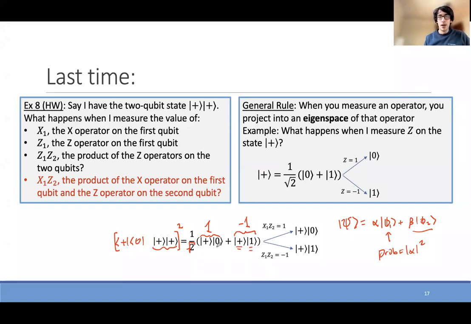So here, each one of these has a factor 1/√2 in front of it. So I square that factor of 1/√2, and I get that each one of these happens with exactly probability 1/2, which is why people can say that the expectation value is 0, because half the time we measure 1 and half the time we measure -1. So if you want me to write this out in full, I'd say that, okay, we have our wave function 1/√2.